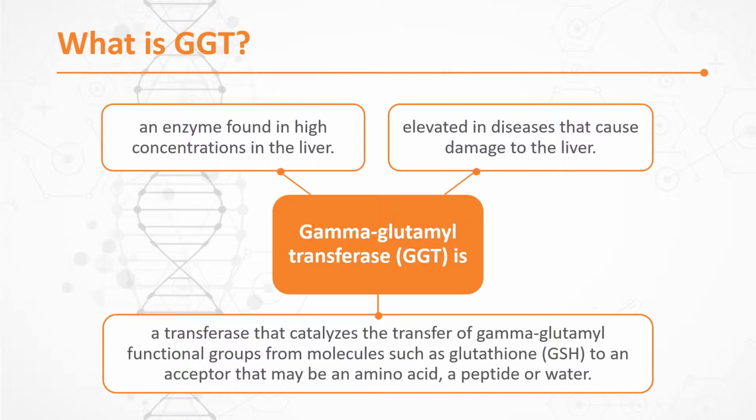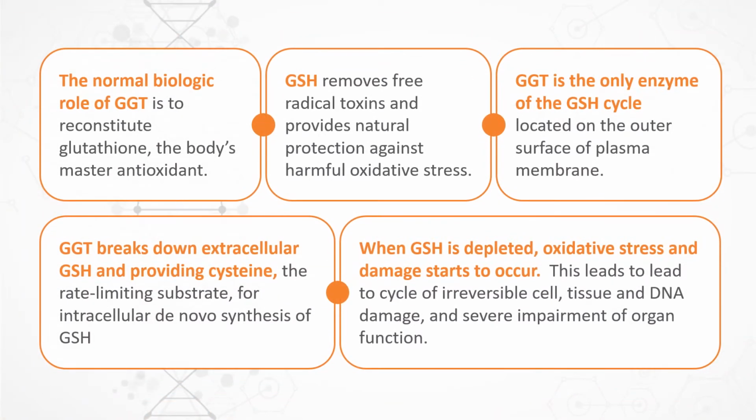It quenches an ROS pathway. So every time that you have a significant oxidative stress, glutathione is there to clean it up. Glutathione removes free radicals, and it provides natural protection against oxidative stress.